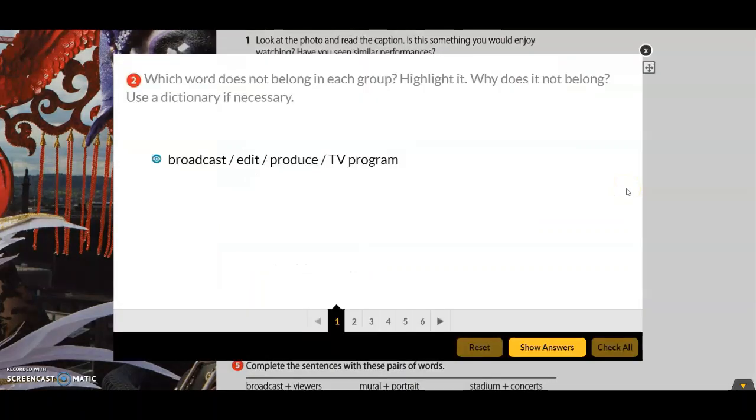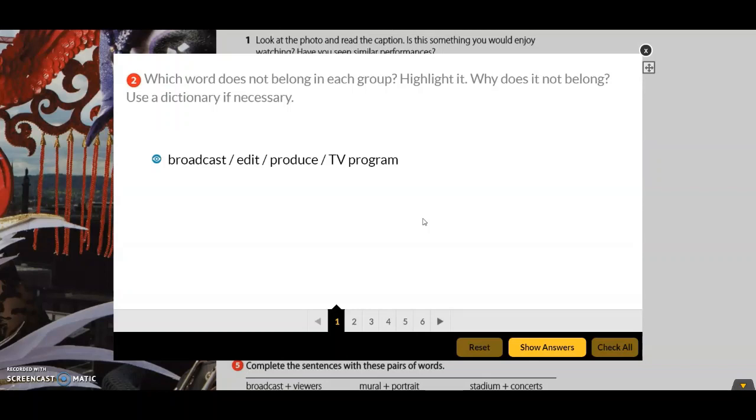Okay, which word does not belong in each group? We will highlight it, and why doesn't it belong here? For example, we have broadcast, edit, produce, and TV programs. Which is the correct answer? Broadcast, remember, is something that the news does, when they want to give a message on TV or on the radio.